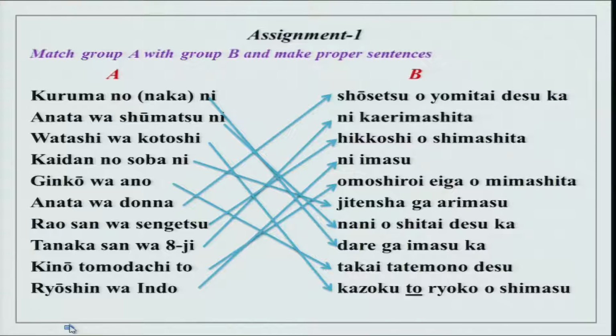Over here you can see, if it was a question, ryoshin wa Indo ni imasu ka, then go ryoshin would have been used because it is about someone else's parents. Over here it is ryoshin and a statement. Ryoshin wa Indo ni imasu. Thus it is my parents.